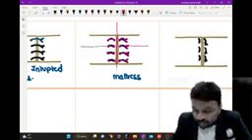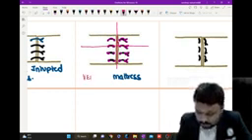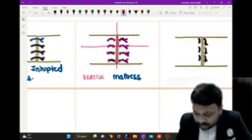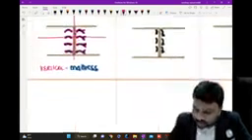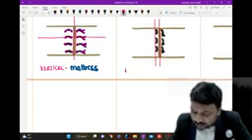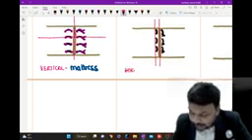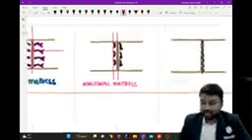If they are perpendicular to each other, this is what we call vertical mattress sutures. On the other hand, if this is the orientation of the wound and this is the orientation of the suture material, this is what we call horizontal mattress sutures, right?